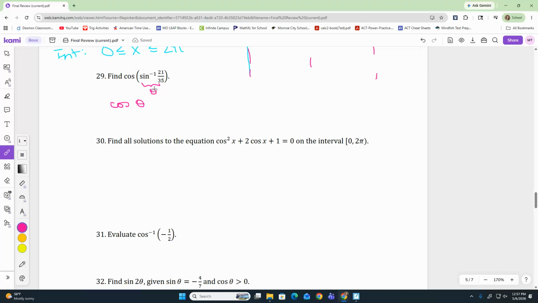What we could do is set this up. Sine inverse can either be quadrant 1 or 4. The 21 over 35 is positive, so I'm just in the first quadrant. Sine is opposite over hypotenuse, so we could find our missing side. A squared plus 21 squared equals 35 squared.